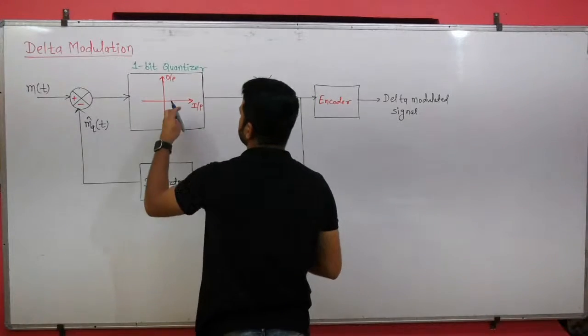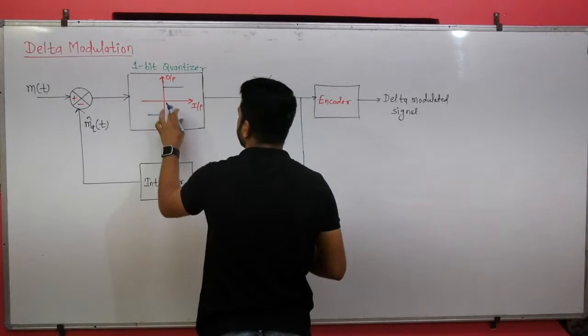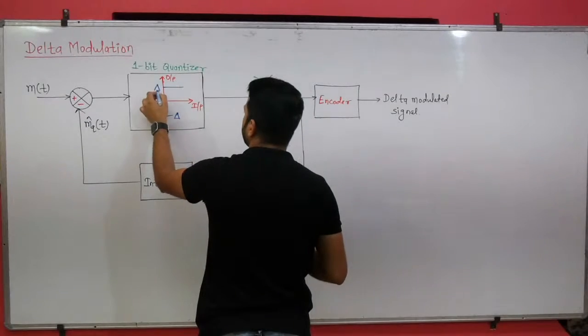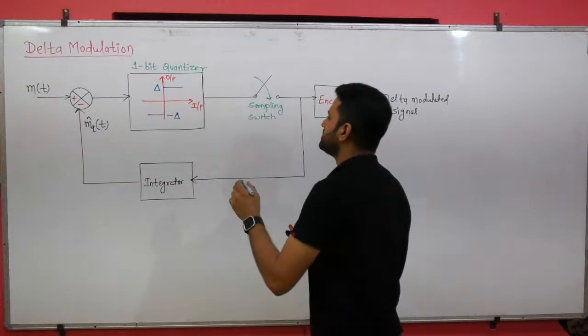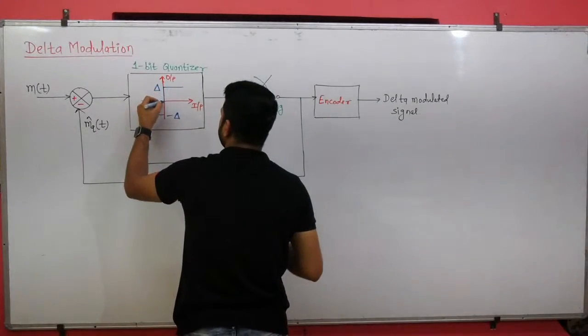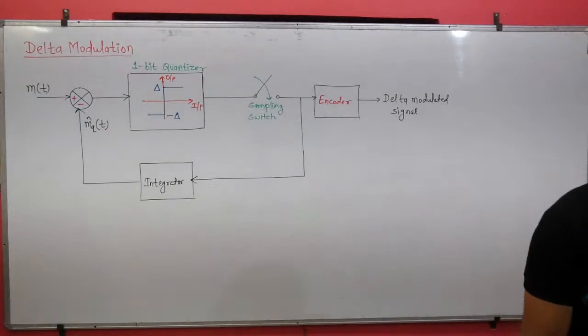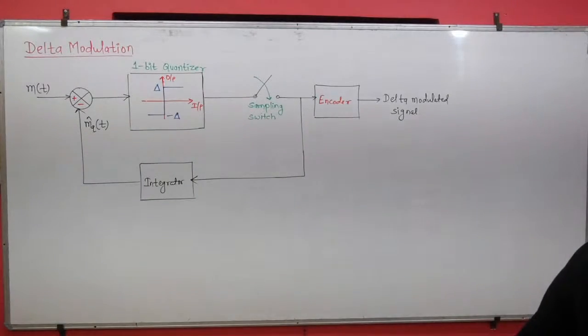This 1-bit quantizer will give you only 2 levels, and these levels are minus delta and plus delta. This is 0. Yes, 1-bit quantizer, 2 levels, as only 2 levels used. Okay, so this part is clear to everyone. What is the meaning of this 1-bit quantizer?